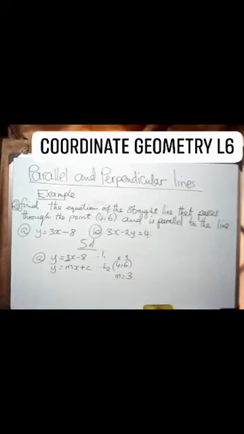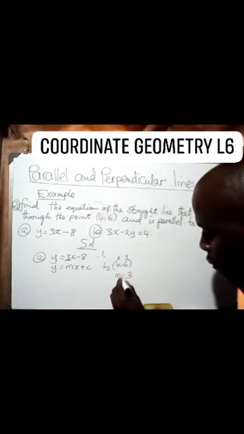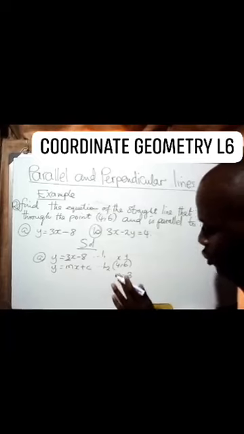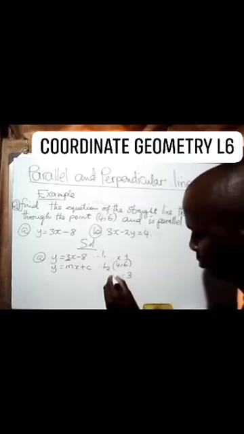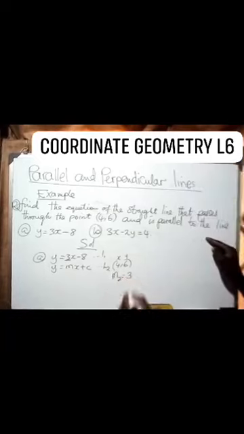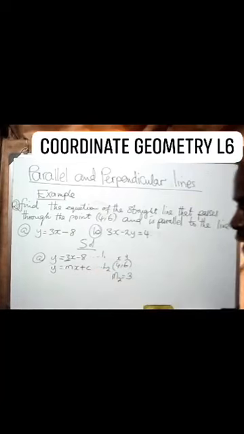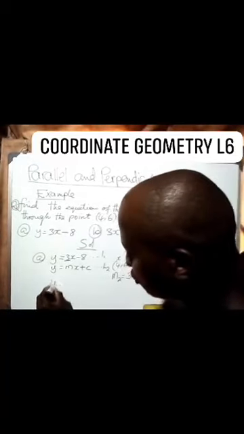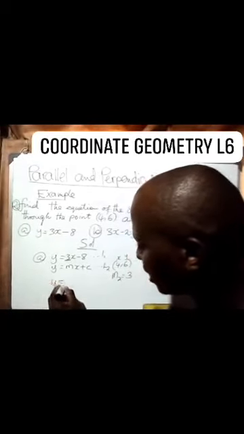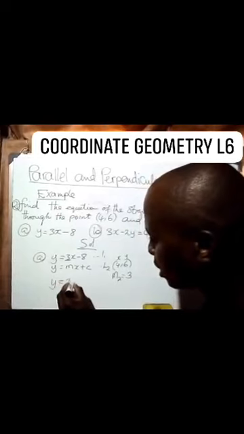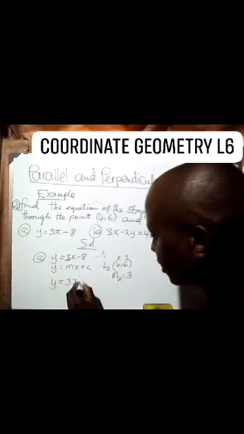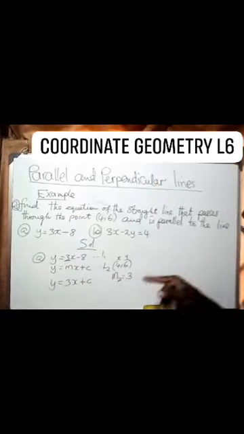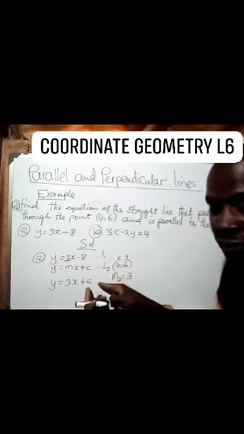So our m2, meaning the gradient for line number 2, is 3 also. So this means that line number 2, or the equation we are finding, will be 3x plus c.